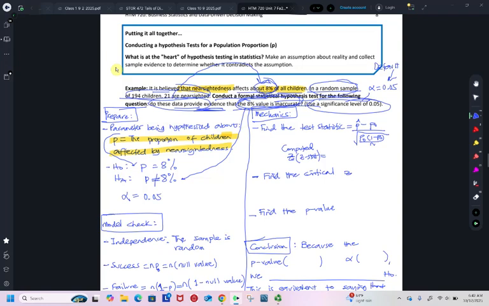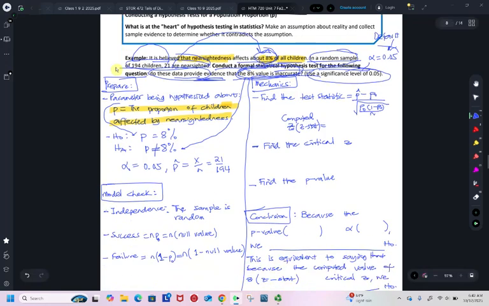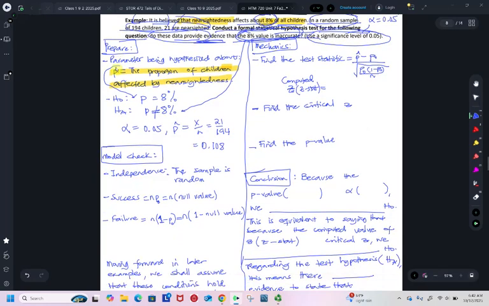And then our sample proportion p-hat is x over n. That will be 21 out of 194 who are nearsighted. So, what would 21 out of 194 represent? That represents about 0.108, approximately 10.8%.